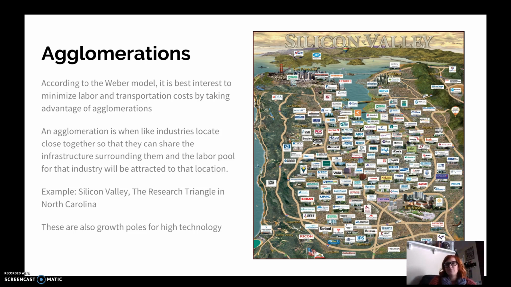So Silicon Valley is a really good example. Agglomerations are a good way to minimize transportation and labor costs by sticking together. You might notice some of those around town, like, oh, it's weird that all of these are close together like that. There's a reason they do that. It's called an agglomeration.